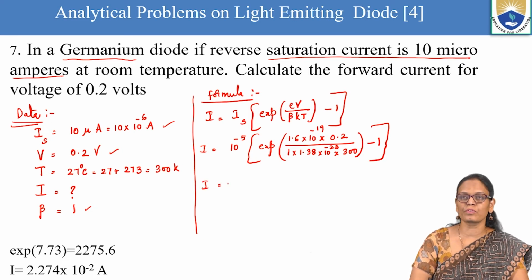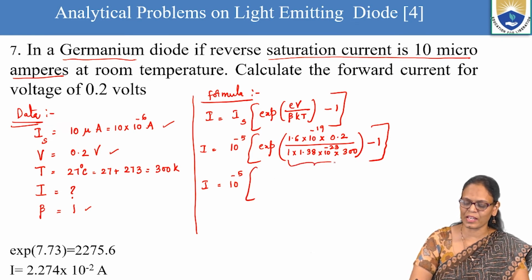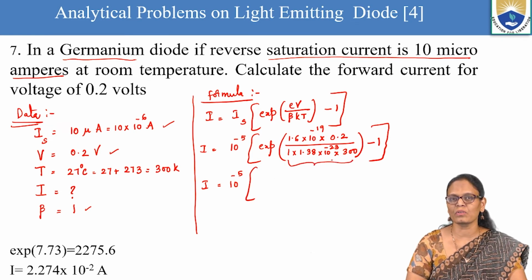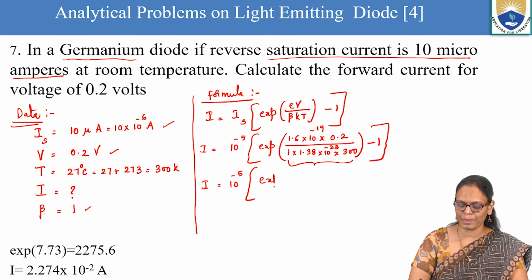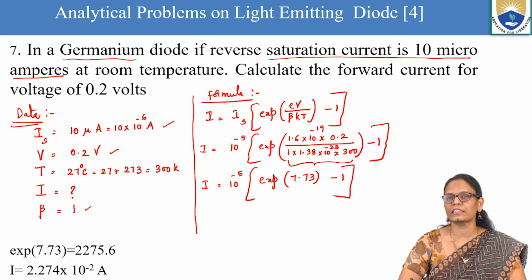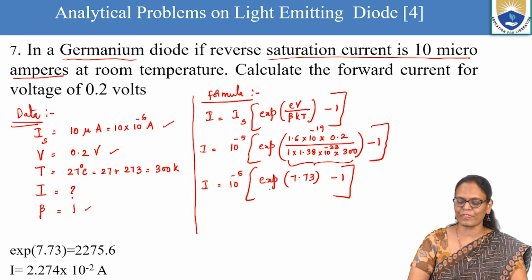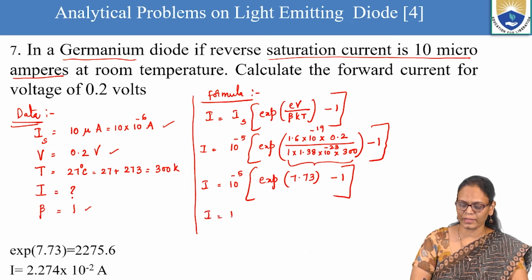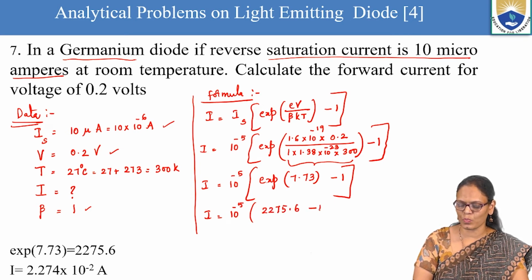So what we have to first do is find the value of the exponential. Whatever is there in the bracket, we try to find out its value. So it is exponential 7.73 minus 1. So simplify the thing in the bracket, we get 7.73. Now you can use the calci and find the exponential value of 7.73, and that comes out to be 2275.6 minus 1.